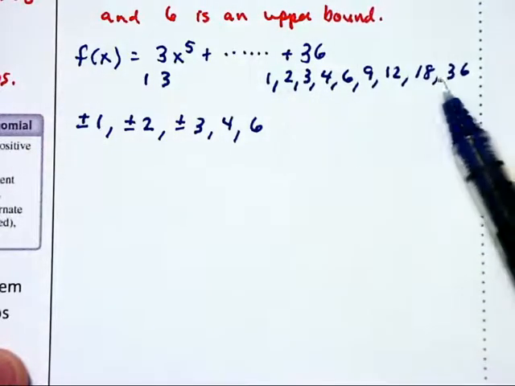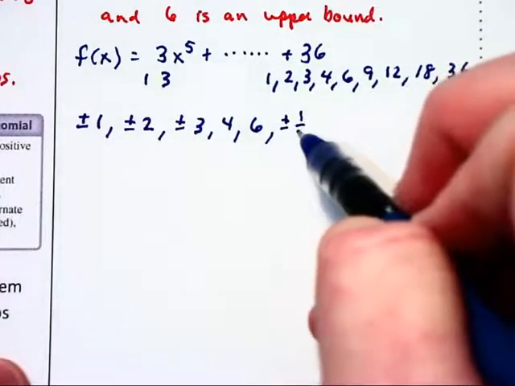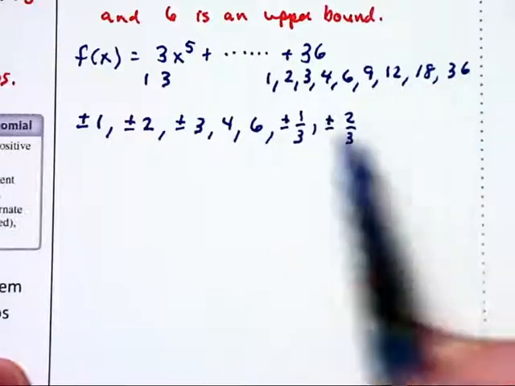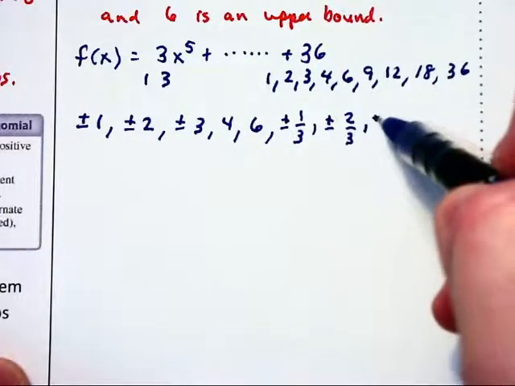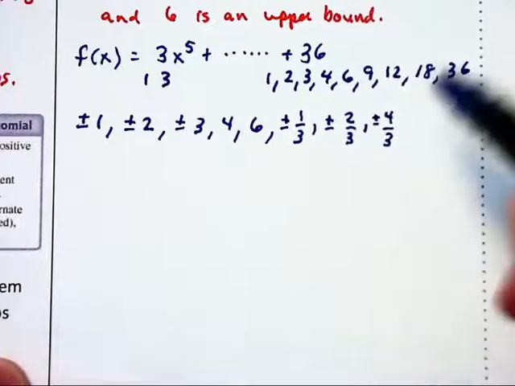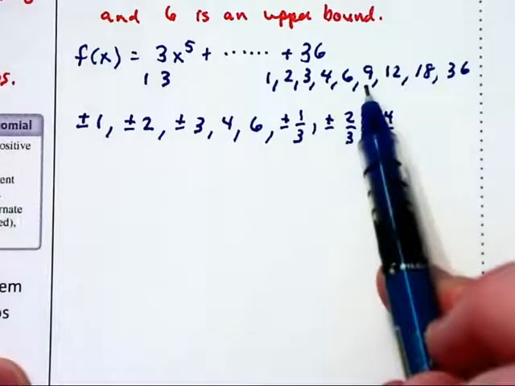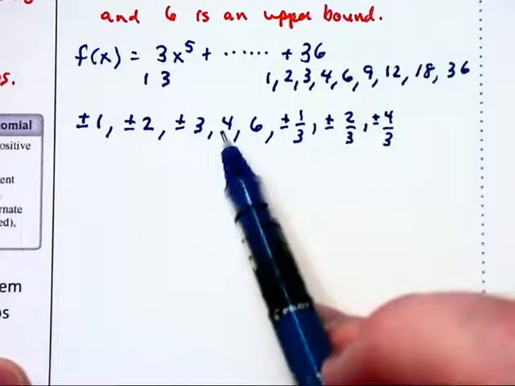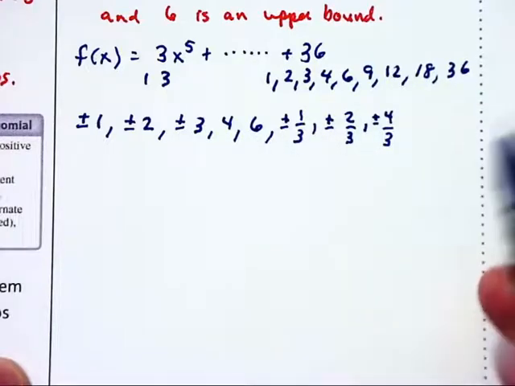Then I have each of these values over 3, so plus and minus 1/3, plus and minus 2/3. 3/3 is the same as 1, we've got it. 4/3, plus and minus 4/3. 6/3 is the same as 2. 9/3 is the same as 3. 12/3 is the same as 4. 18/3 is the same as 6, and then we're out of our range here.